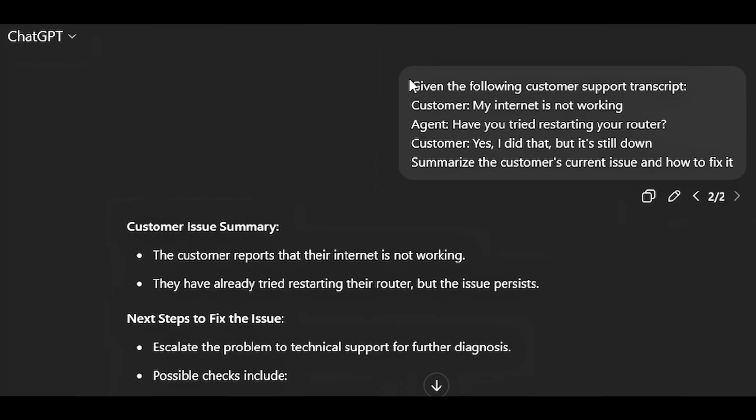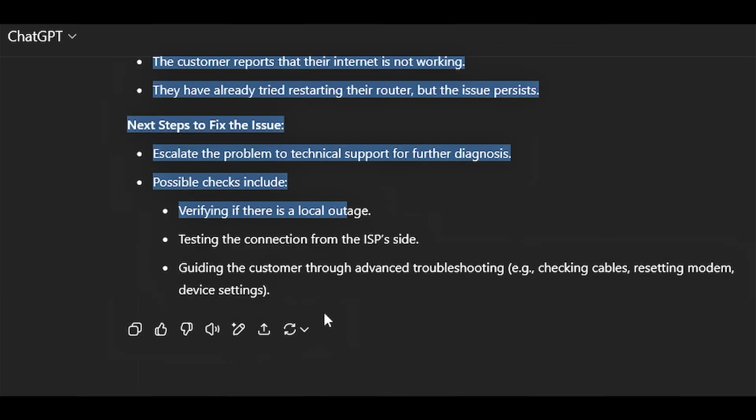Here I have prompted the model with a context where I ask, given the following customer support transcript: the customer first said that the internet is not working. The agent asked him, have you tried restarting your router? Then the customer responded with, yes, I did that, but it's still down. And then I asked the model to summarize the customer's current issue and how to fix it. Of course, this is the output I got.